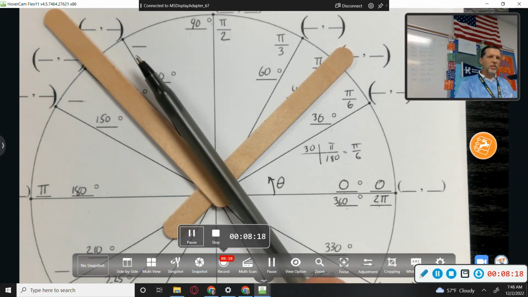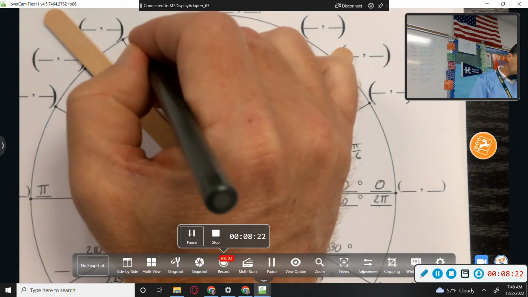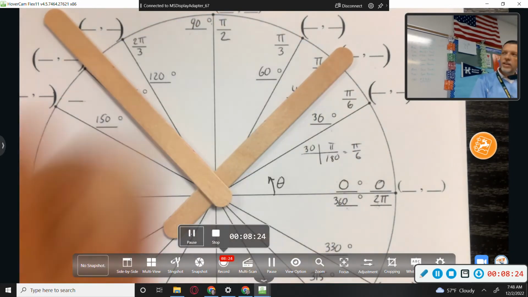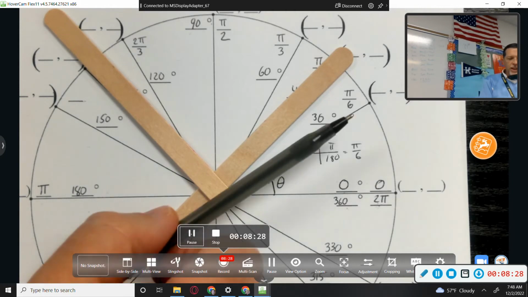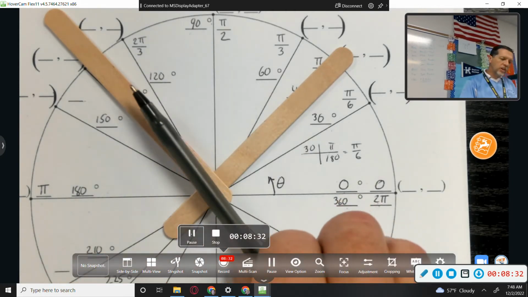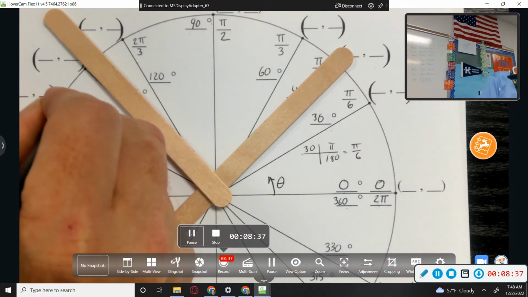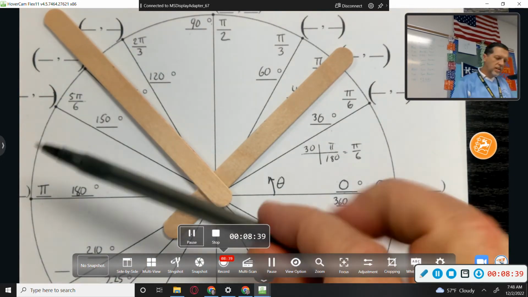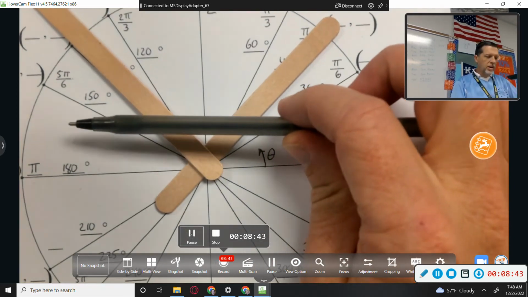Wait, but 4 over 6 reduces. 2 pi over 3. And then if you're like me, after you reduce, you forgot where you were, so you go back and start counting again. 1/6, 2/6, 3/6, 4/6, 5/6, 6/6. Okay, but that's 1, so we're good there.